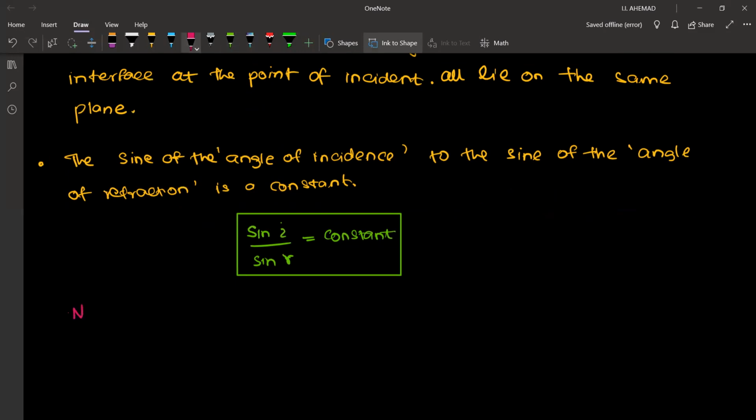Note number 1, the above constant is represented by n, simply n.